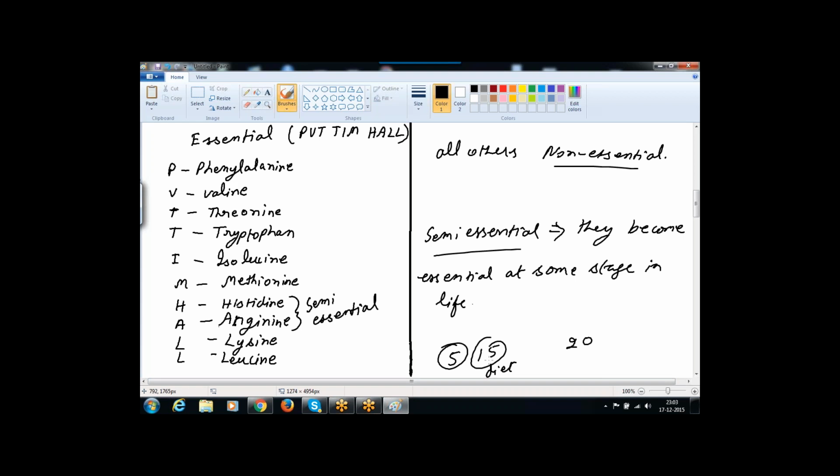That is why they're called semi-essential. They can be synthesized, but also essential. What are those stages? Stages can be rapid growth, pregnancy, etc.